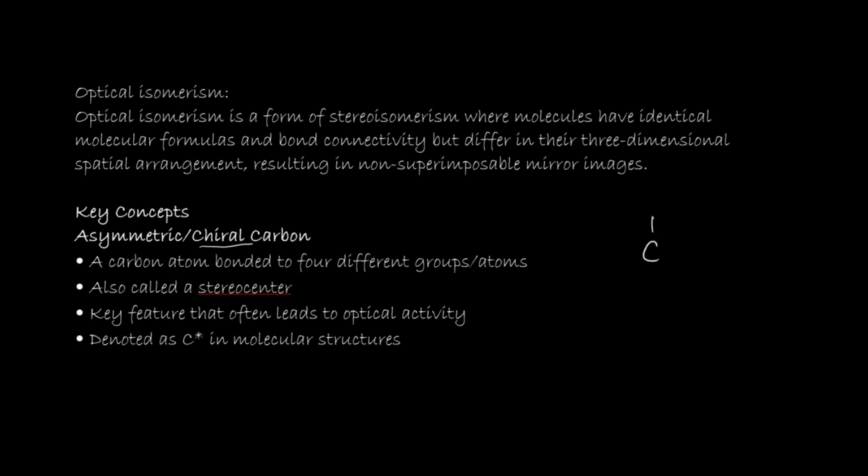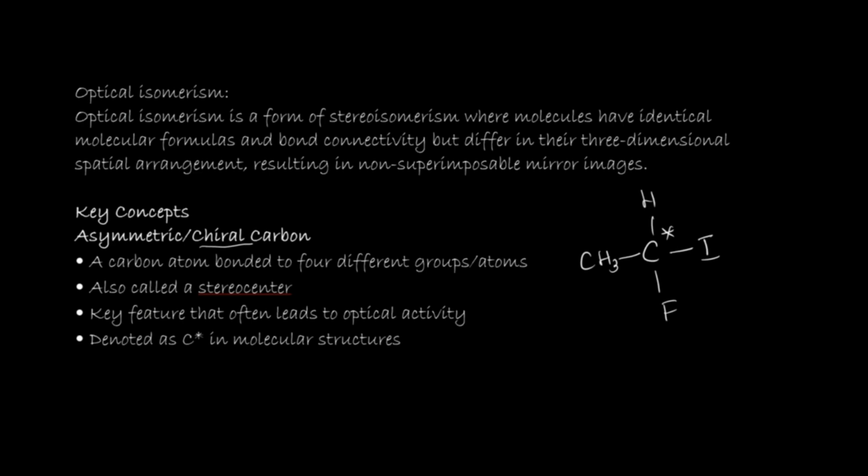For example, a carbon attached to hydrogen, iodine, fluorine, and CH3. 4 different groups are attached to the carbon, so that is a chiral carbon. This is marked with a star or asterisk symbol, and it is called a stereo center or asymmetric center.